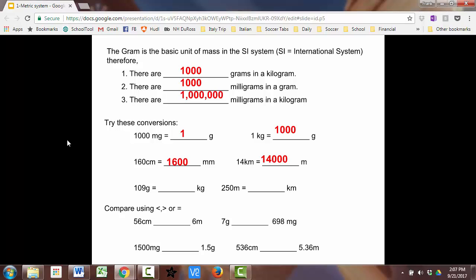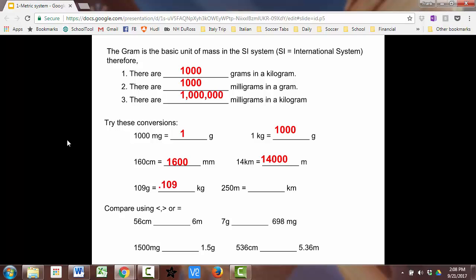109 grams to kilograms. Colton, how many places do I move it in which direction? 3 places to the left. Correct. What do I get? 109,000. No, you're 3 places to the left. 1, 2. Oh, thousandths, you said? Oh, I'm sorry.